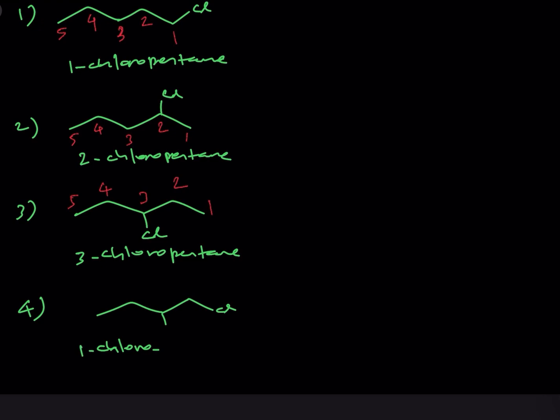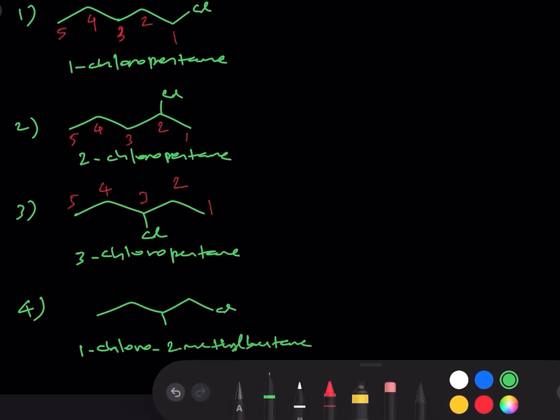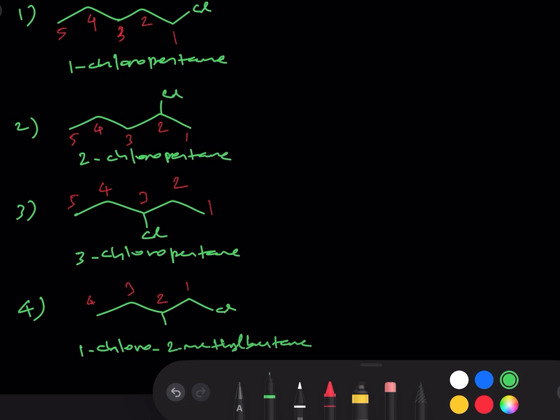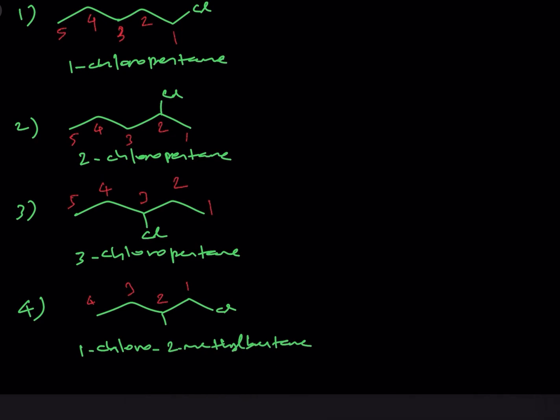This is 1-chloro-2-methylbutane, because in alphabetical order chlorine comes first compared to methyl. So, we have to write the chloro substituent first. So, 1, 2, 3, 4. We can also write 1-chloro-3-methylbutane.